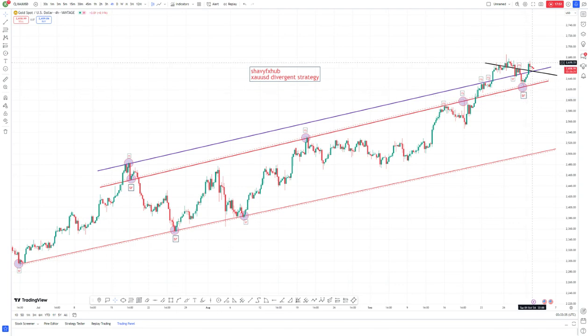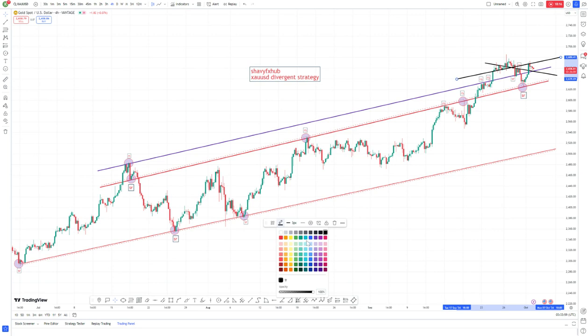And the reason we stopped here is because we have another break of structure. Again, when you look critically, you will find that we have another break of structure from the upside, which I will label as red.